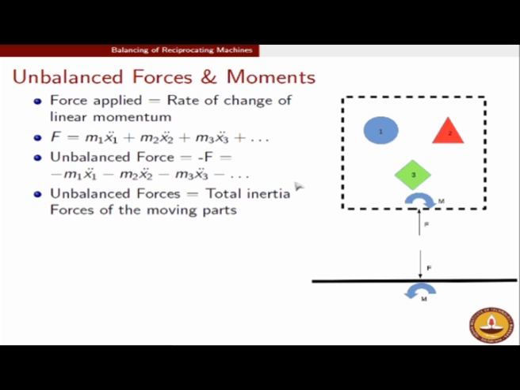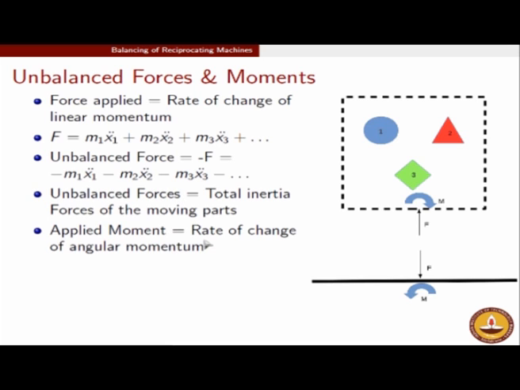No matter how many parts this machine contains, the total unbalanced force which hits the frame is going to be the total inertia forces of all these moving parts taken together. This is a very interesting observation, because it will permit us to find a very simple formula for the unbalanced force hitting our frame in the case of an IC engine mechanism.